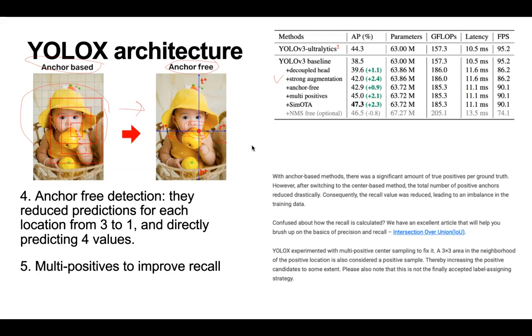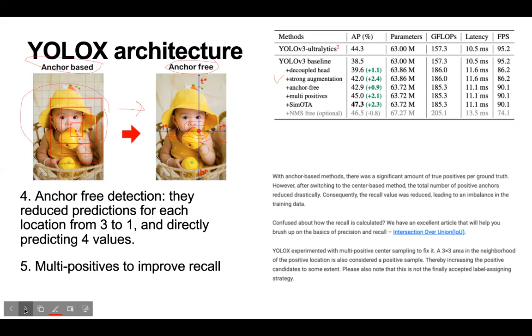So what authors suggest is to use a 3x3 area in the neighborhood of the positive location, meaning samples in this 3x3 neighborhood will also be considered as positive samples, and it will increase the number of positive candidates to some extent and prevent some imbalance between positive and negative samples during detection.